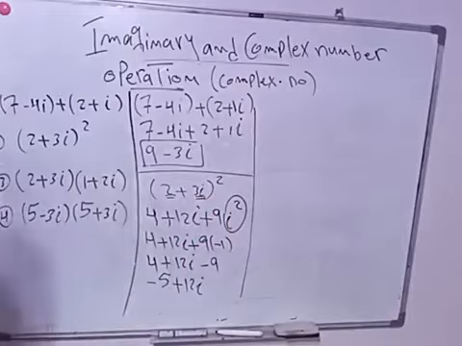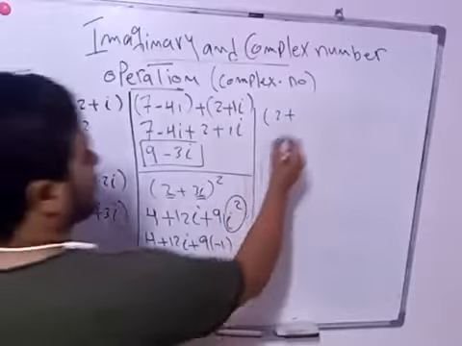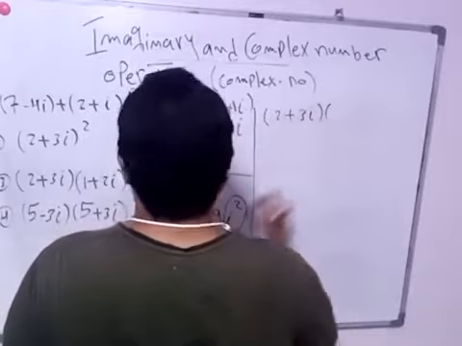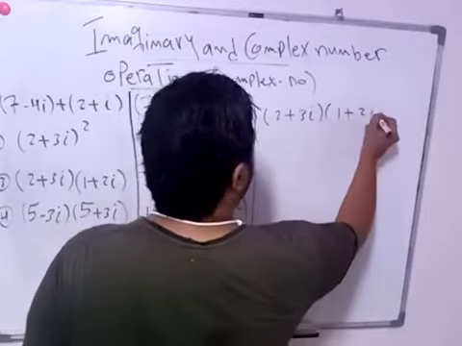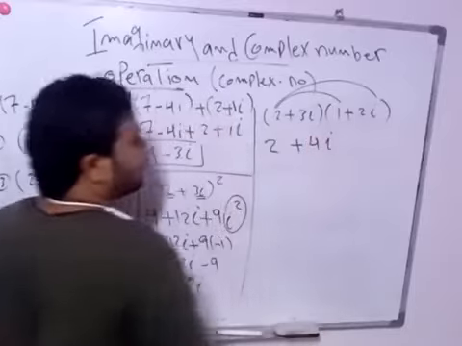In the third example, I have 2 plus 3i times, I have two brackets. How can I solve these two brackets and multiply? 2 times 1 is 2. Plus 2 times positive 2i, 4i.